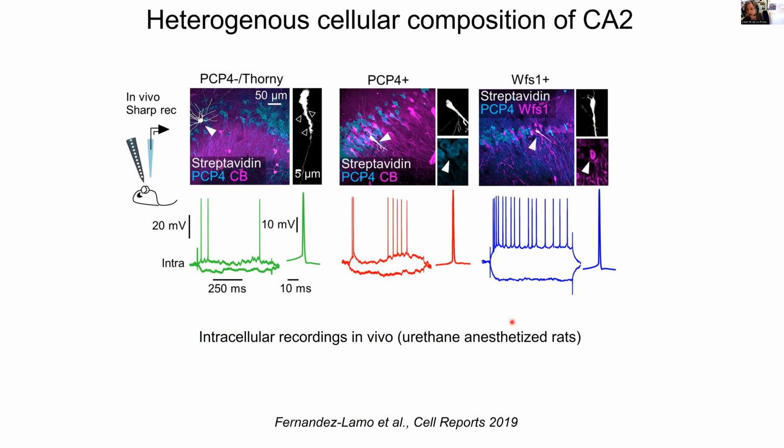These data are the first, and as far as I know, the only data available today on single cells recorded intracellularly in vivo in rats. And this is unique because we need to inform the models regarding the physiology of these cells.